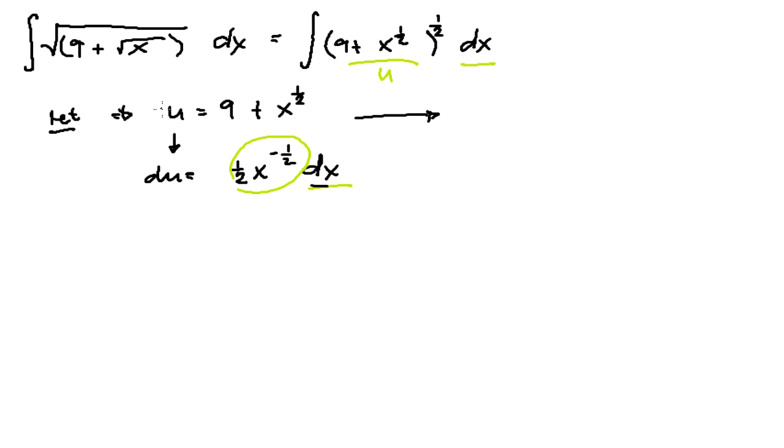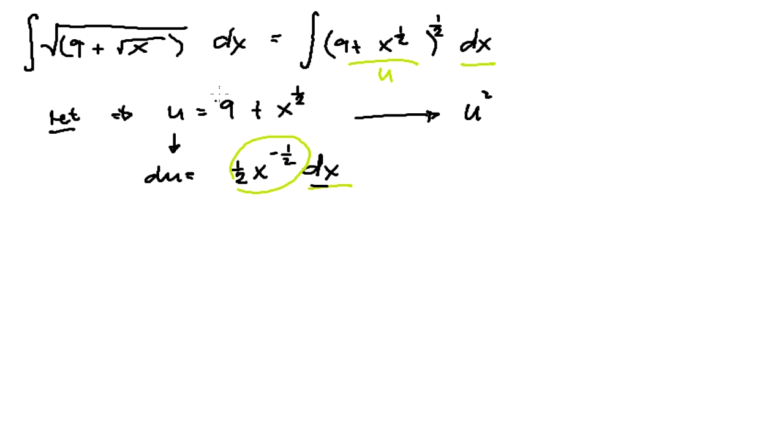So say let us square all this term. So we have u squared is equal to 9 plus x raised to 1/2 squared, so we can now separate our x.